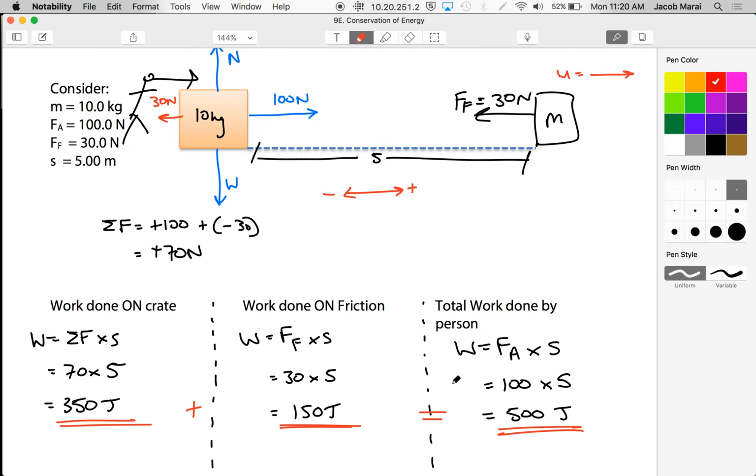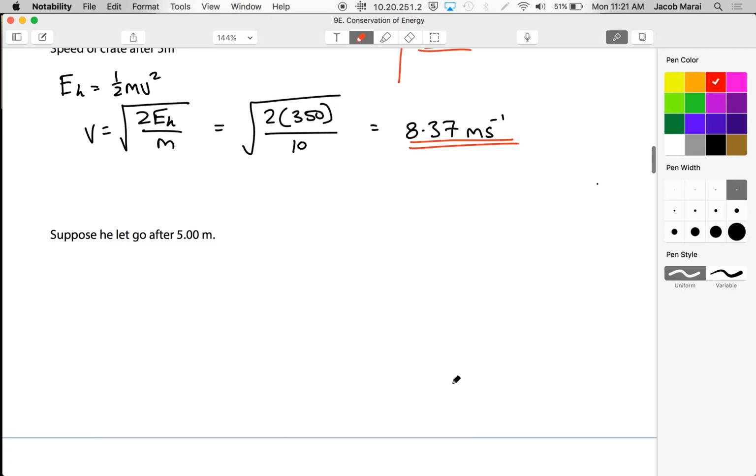It gains 350 joules. Now, every meter it slides, it's going to lose 30 joules. 30, 60, 90, and so on. You get the idea. We can figure out how far it travels. Every meter it travels, it loses 30 joules. So let's suppose he let go after 5 meters.